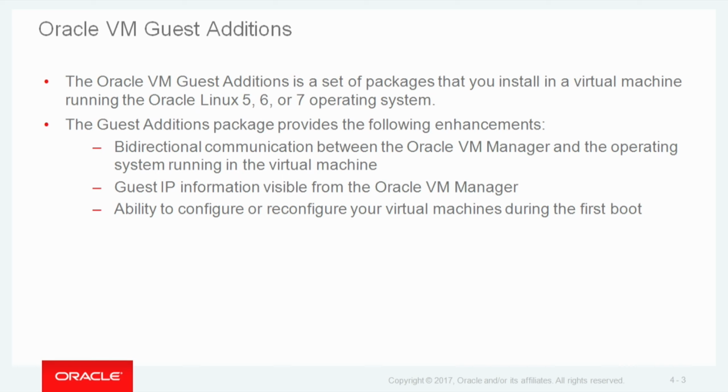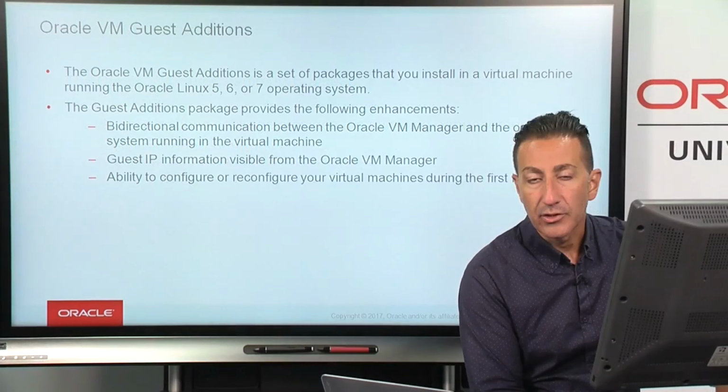So you need to make reference to all of these different operating system versions to get access to the specific packages that you need. Also remember that any template that you are going to download from the Oracle software delivery website comes with the guest edition already installed.